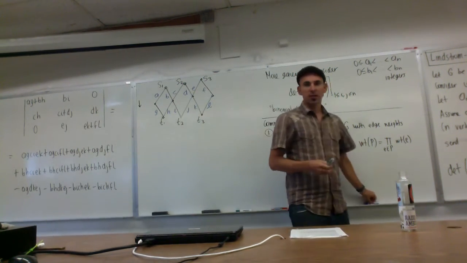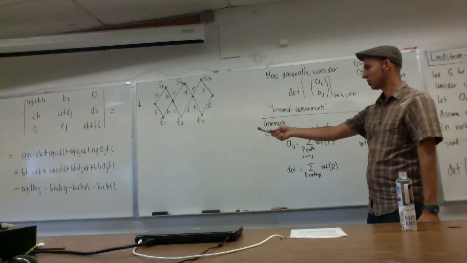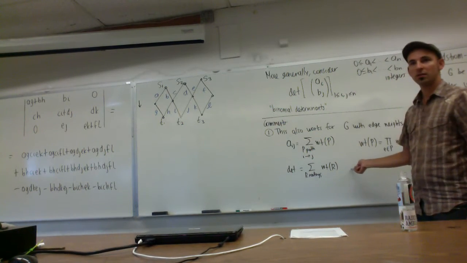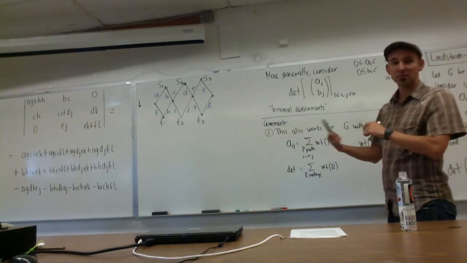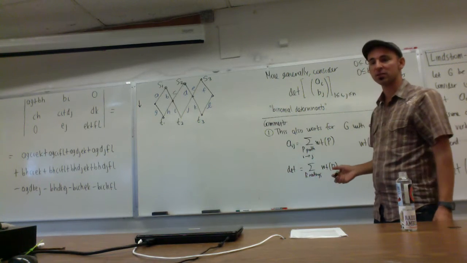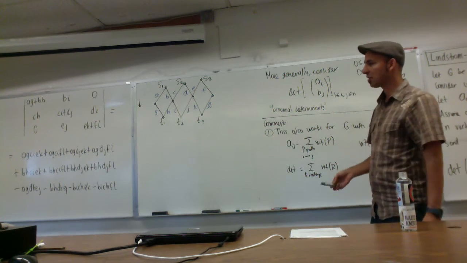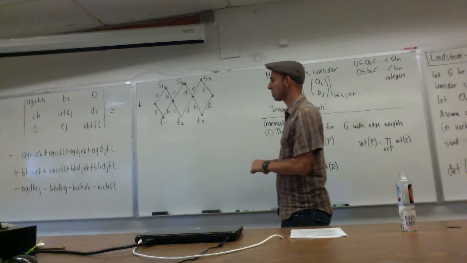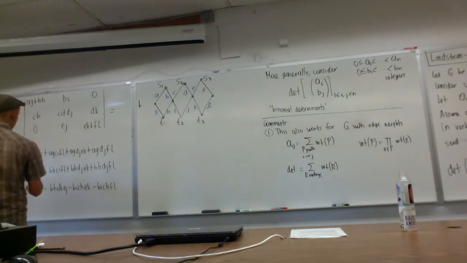But what I want you to notice now is that this doesn't quite look like this. In particular, it has positive and negative signs, where this formula only has positive signs. So is there some cancellation here? Well, there is, at least if I did everything correctly.